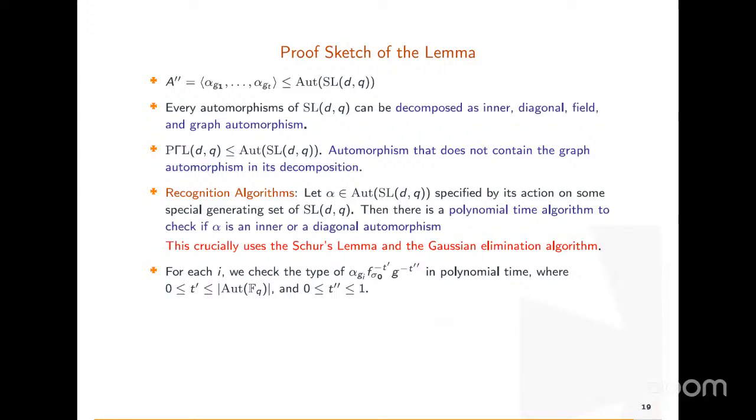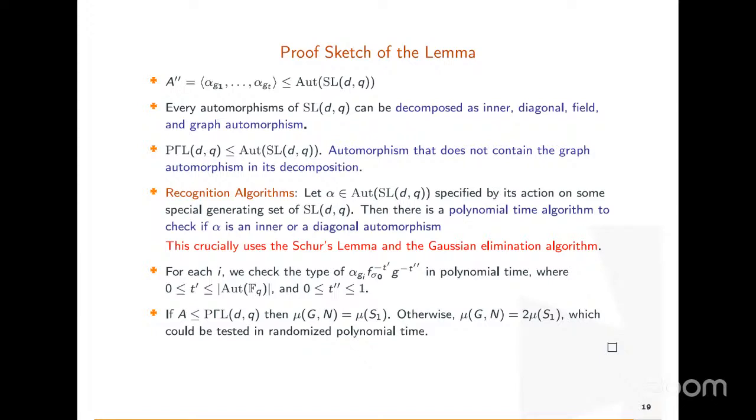If it is, then we know that F is a field automorphism and G is a graph automorphism. So we can check whether a graph automorphism is present in the decomposition of alpha. That is how we can decide whether A is a subgroup of PΓL(d,q) or not.